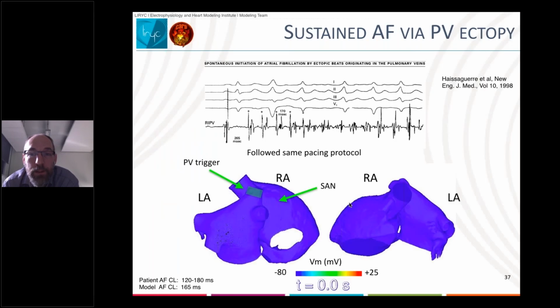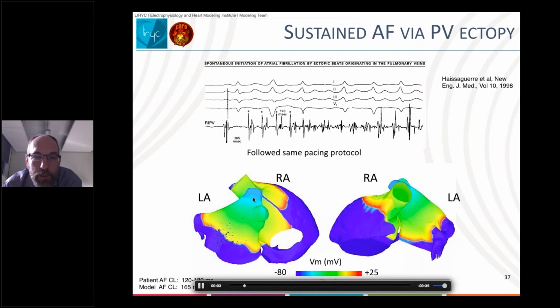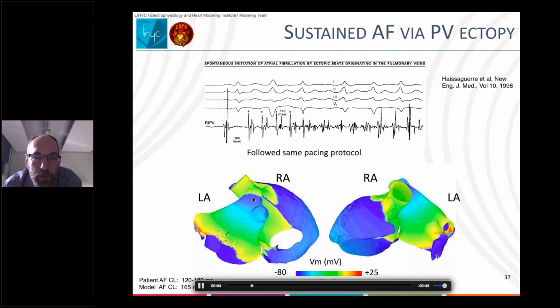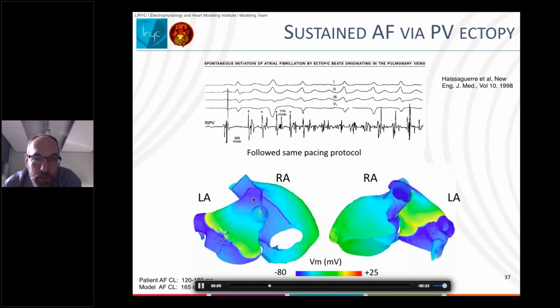So here's just like they do in the clinics. In the clinics, when they initiate reentry, they do it from single site pacing. Here we're going to do single site pacing from the left pulmonary vein. So it's the upper right pulmonary vein. Pace once, twice, 3 times, 4 times, 5 times.